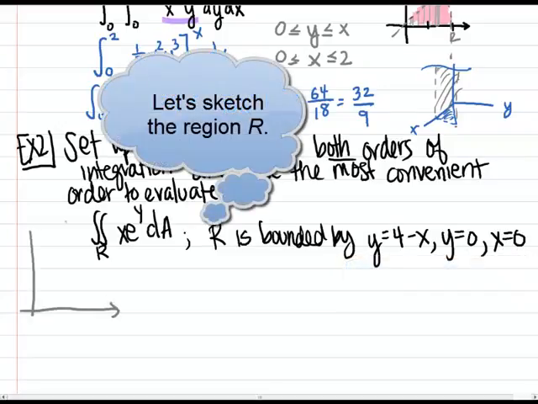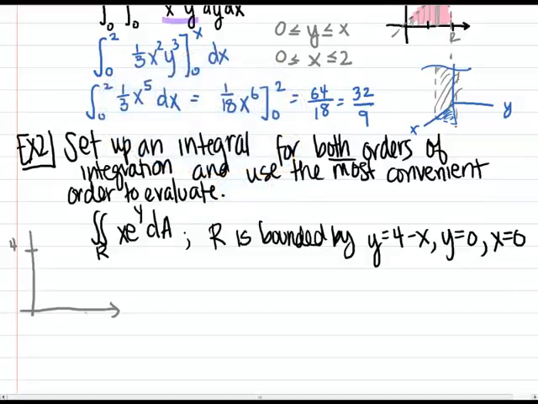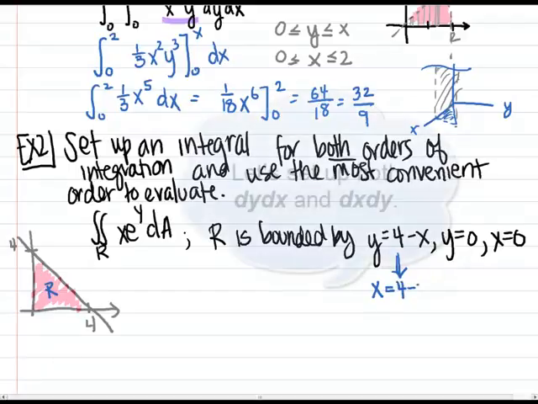So y equals 4 minus x is a line with a y-intercept of 4 and a slope of -1. So this in here is our region R. I'm also going to write this equation in terms of x, so that's x equals 4 minus y.